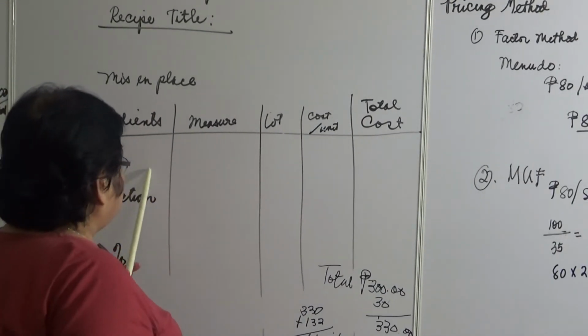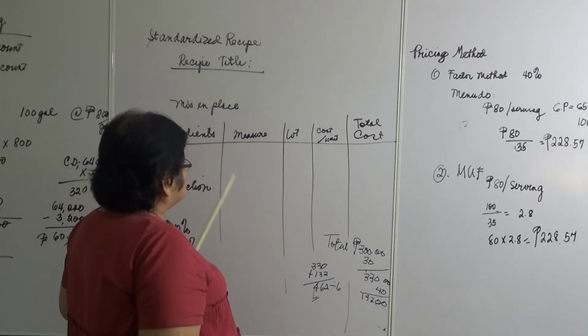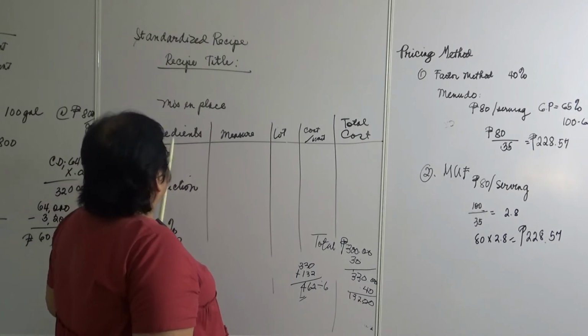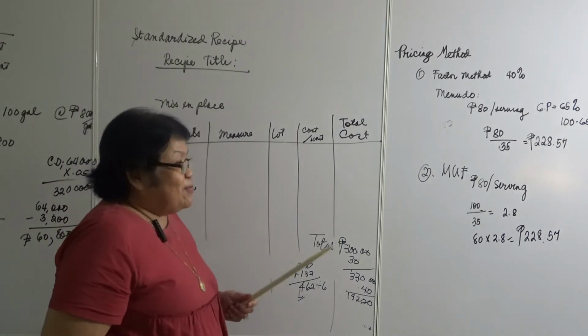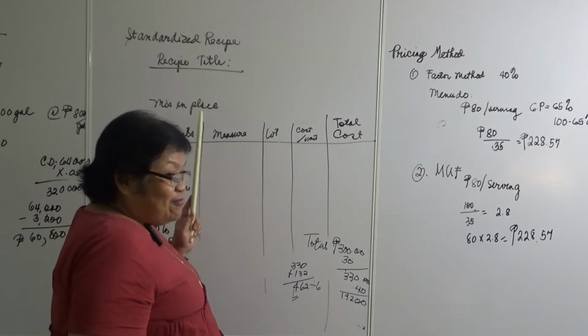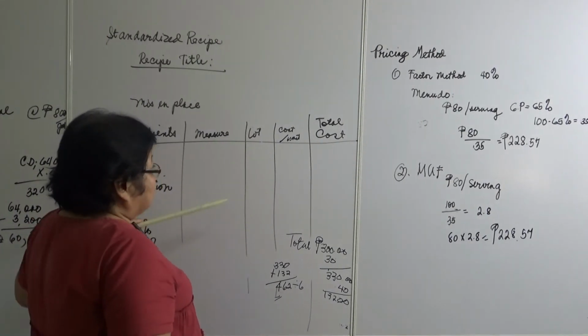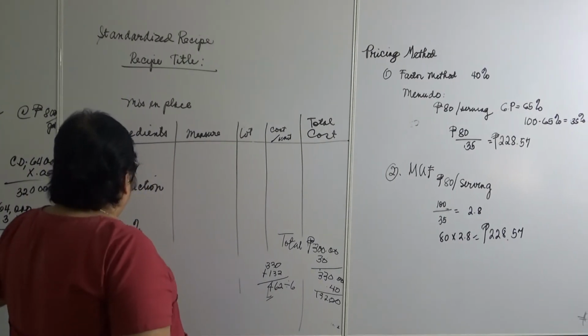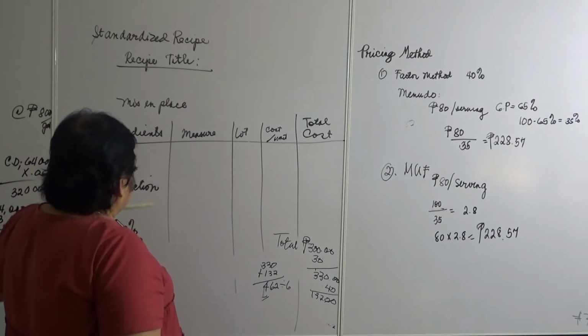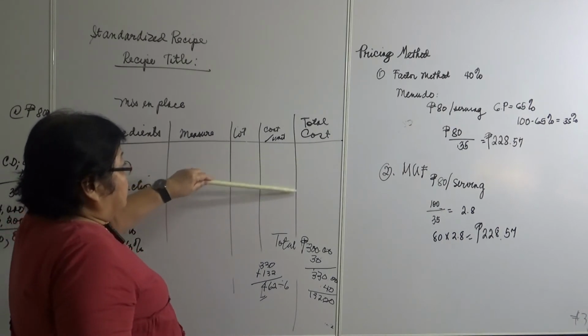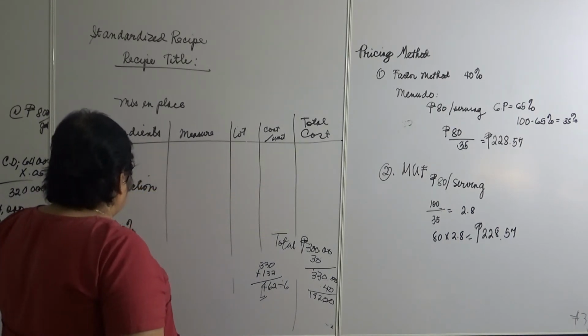Now for your sit work, get your favorite recipe. I don't think people will go for kare-kare or for paella because of so many ingredients. Get a simple one so that you can practice using the standardized recipe and then coming up with total food cost and then adding the buffer and the food cost percentage.